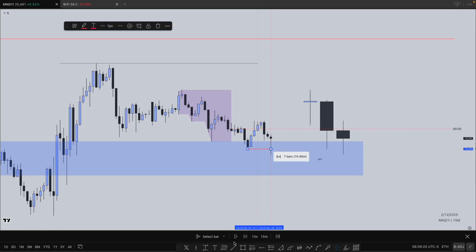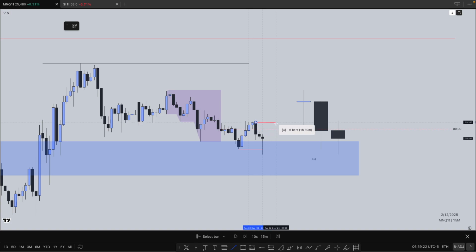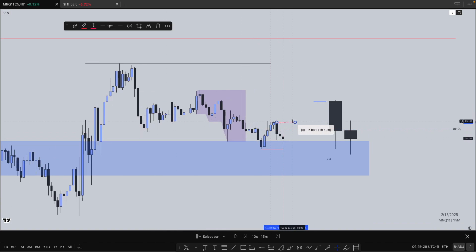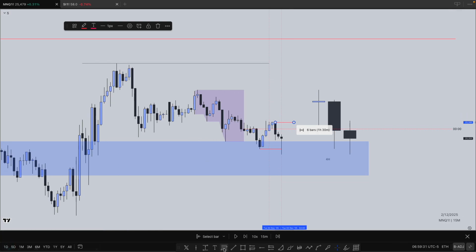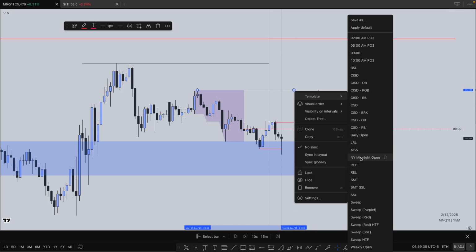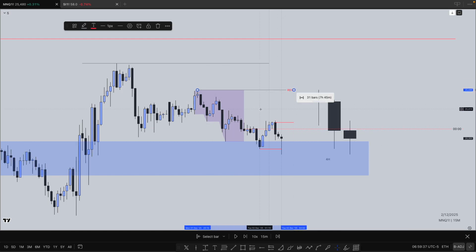So after taking that out, I'm looking for a change in state of delivery to confirm that price is going to reverse and deliver to these highs. So this was my low-hanging fruit, which is these relative highs from the Asian session.